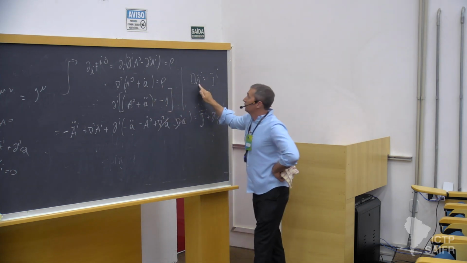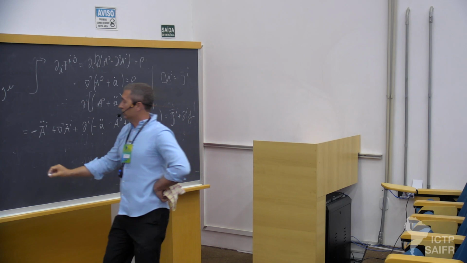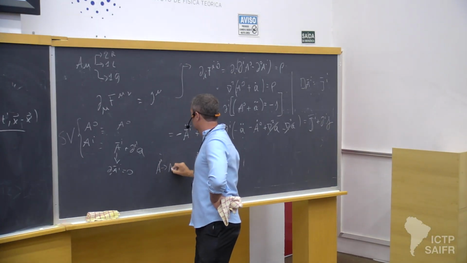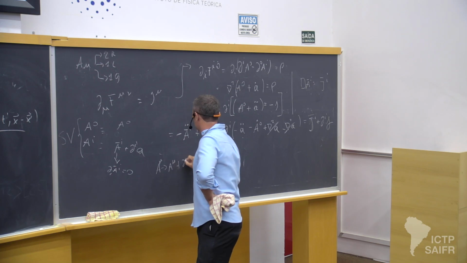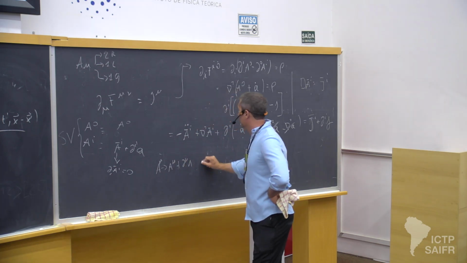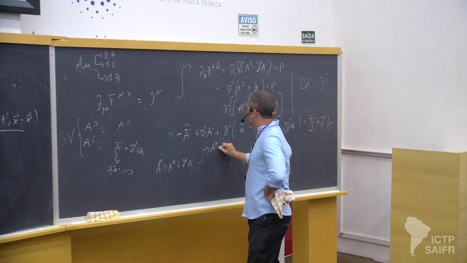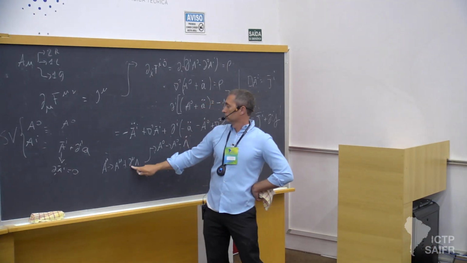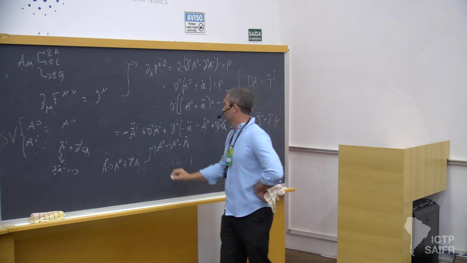By the way, this is gauge invariant, because the gauge transformation of A is, in particular, A0 goes into A0 minus lambda dot. This is a minus lambda dot.